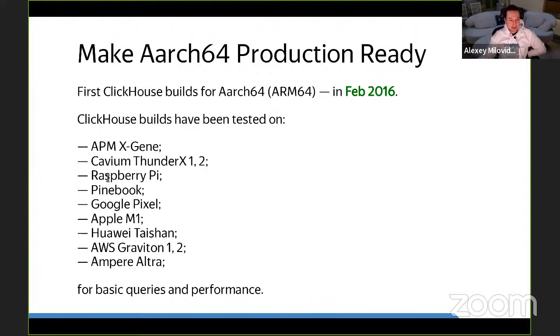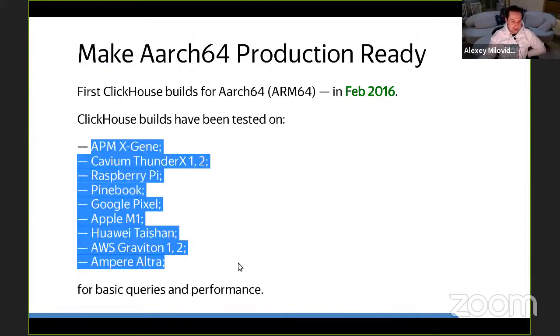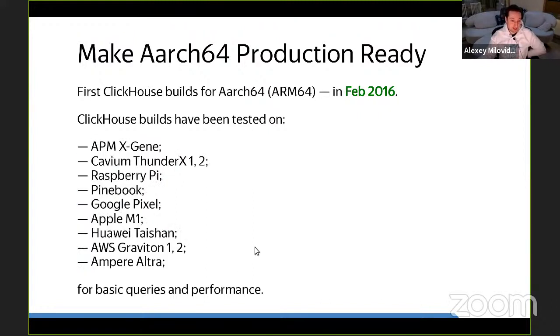And we have already tested ClickHouse on plenty of ARM servers like Cavium, Huawei, Graviton, Ampere, and desktops and notebooks like Apple M1, Pinebook, and even Raspberry Pi, and even on a mobile phone. So we know that ClickHouse works. And performance on servers is quite good.